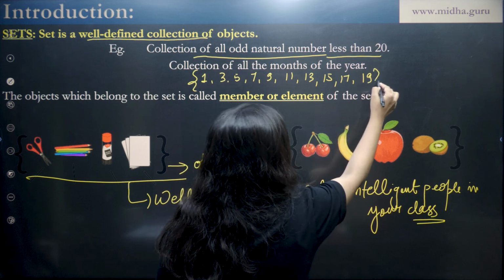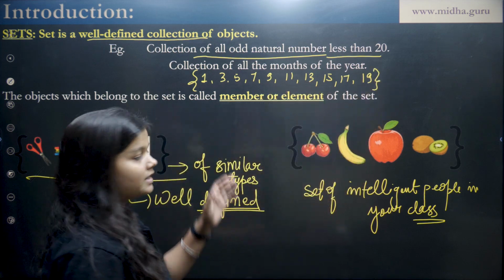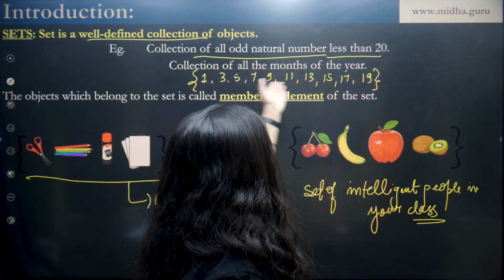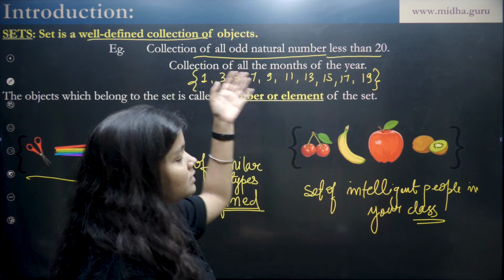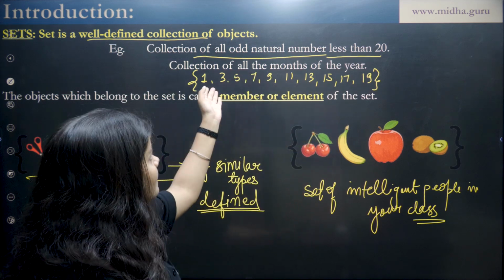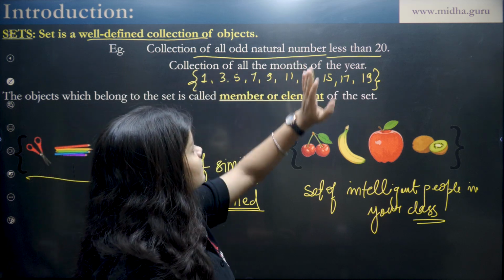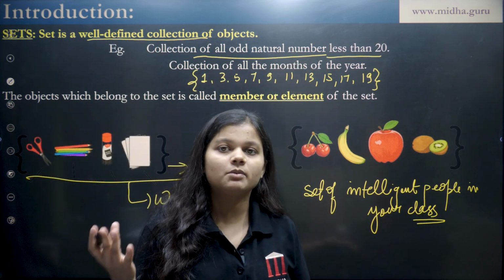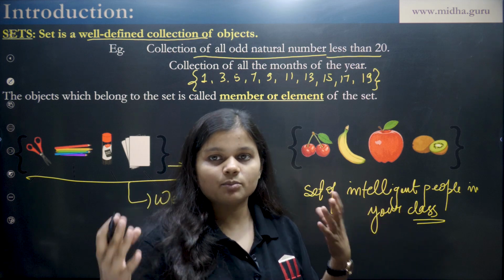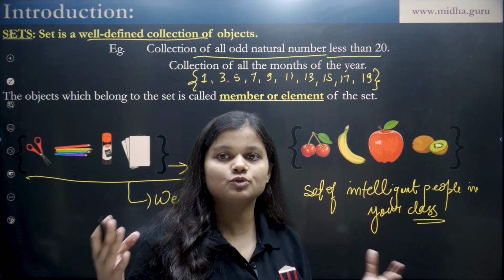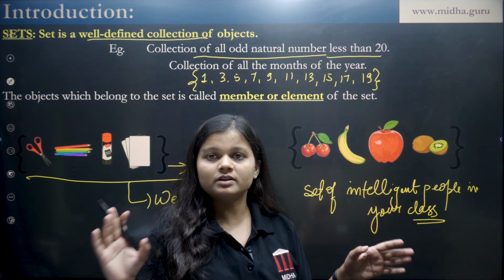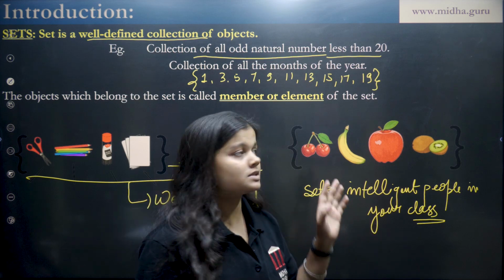This is what we call a set and it is well defined. No other numbers can be added in this set. Then the collection of all the months of the year: January, February, March, April, May, June, July, August, September, October, November and December. Only 12 elements are present.